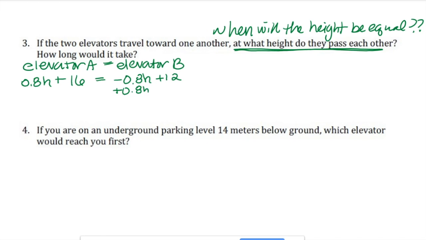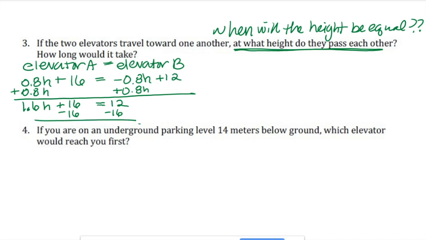So I'm going to add 0.8h to each side. Because now we remember when we solve, we want to get the variables together on one side, numbers on the other. And this is not a special situation because I've got different coefficients. My number in front of the h is different. So I get 1.6h plus 16 equals 12.